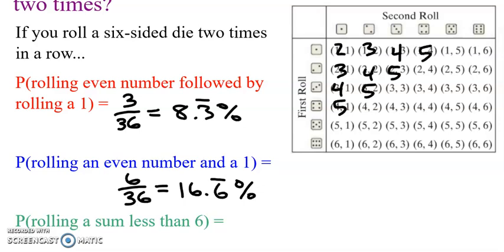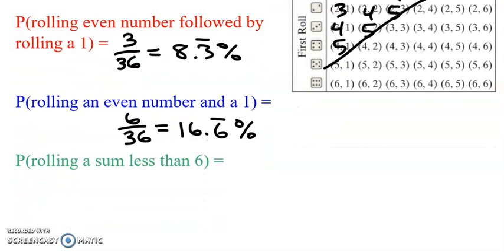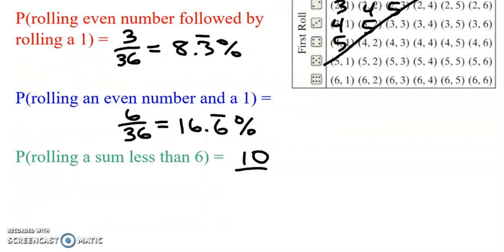Anything more than that, I'll get 6, so my cutoff is kind of right there. And you see that we've got this diagonal pattern there for the sum, but I count up 10 different ways that we can get a sum less than 6. Divide that by 36, and we've got 27.7 repeating, or 27.8.